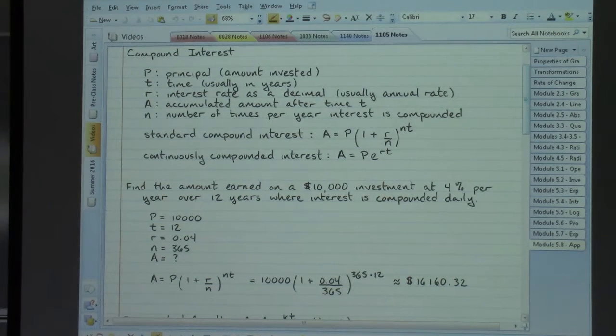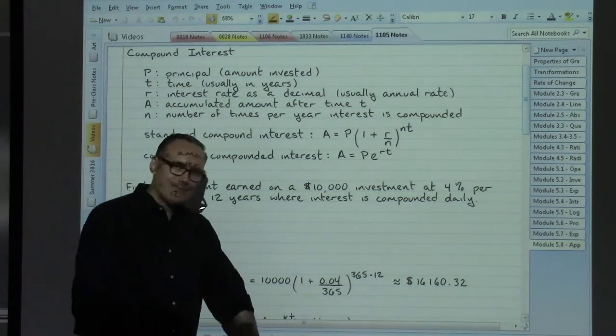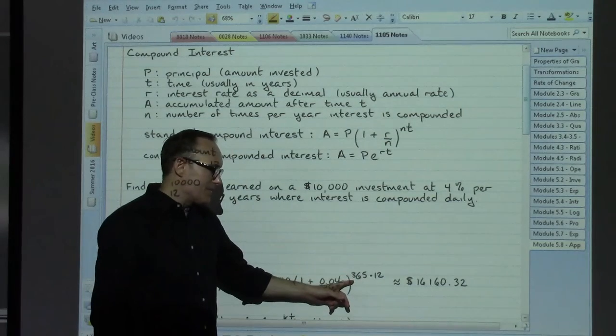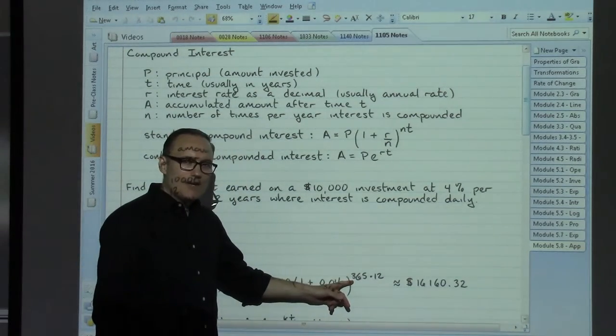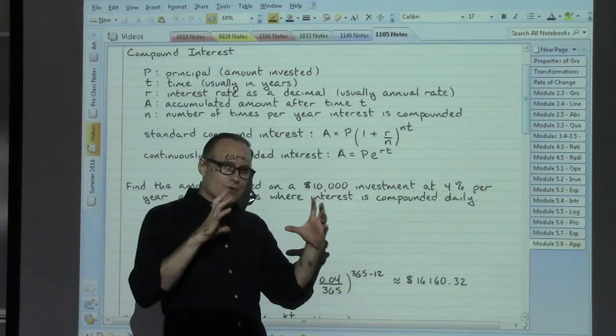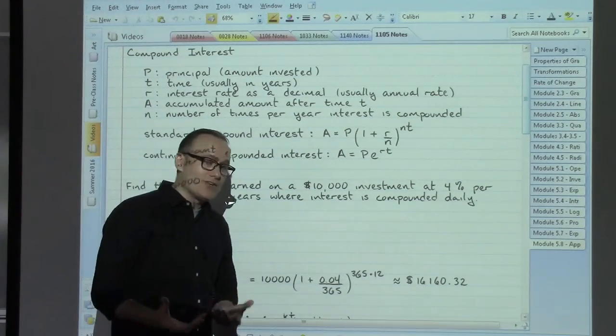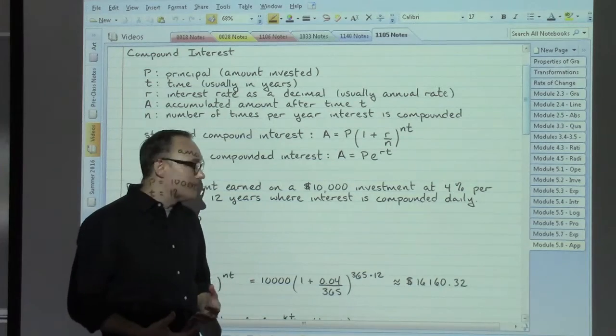Plug those numbers into your formula, plug that entire calculation into your calculator. One of the things that I want to mention while we're here is that when you plug something like this into your calculator, make sure that you use parentheses around that 365 times 12. That way you're correctly telling your calculator what that power needs to be.